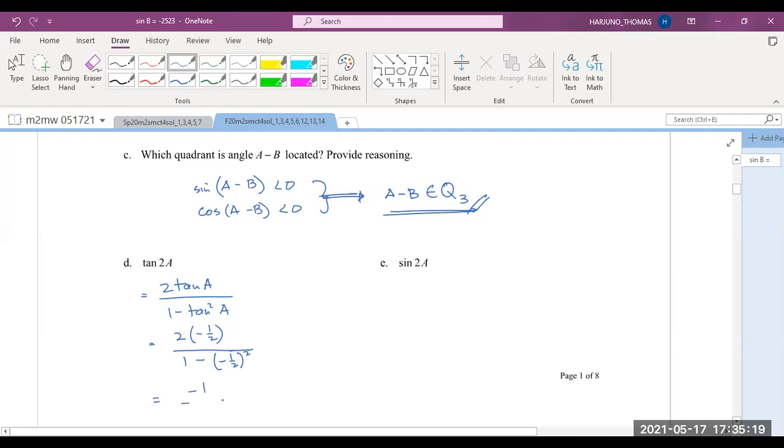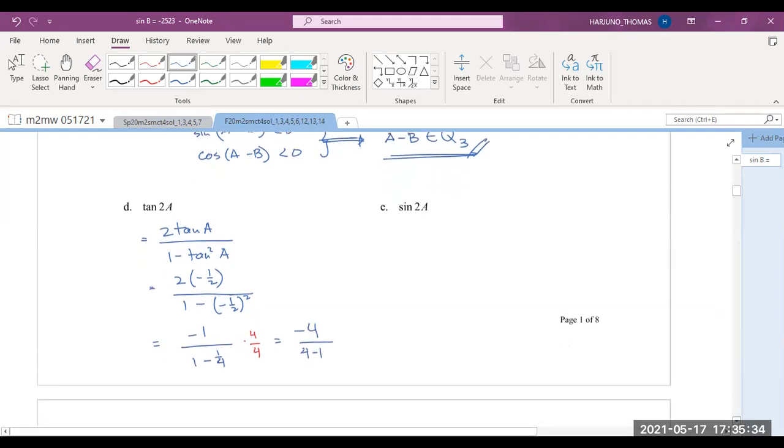That's negative 1 over 1 minus 1/4. Multiply the top and the bottom by 4. I hope that solves our problem right away. That will be negative 4 over 4 minus 1. That's negative 4/3.